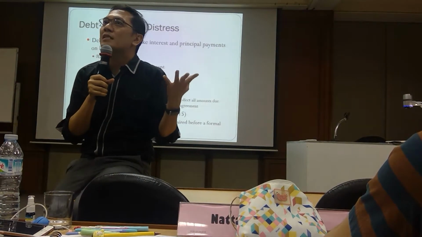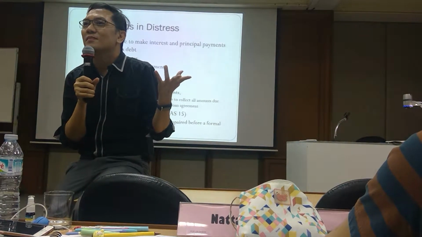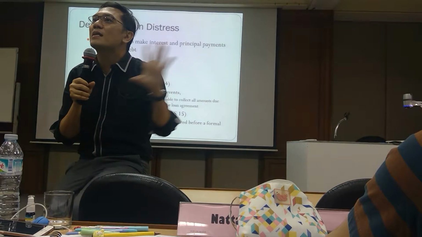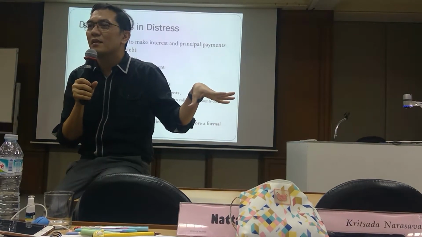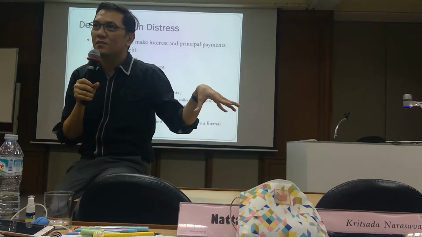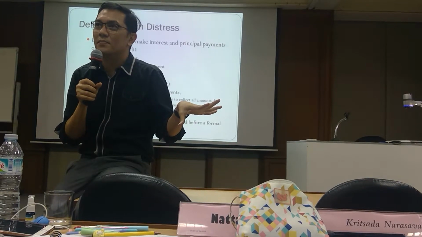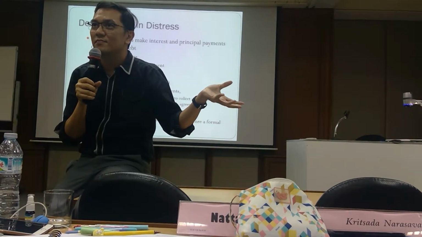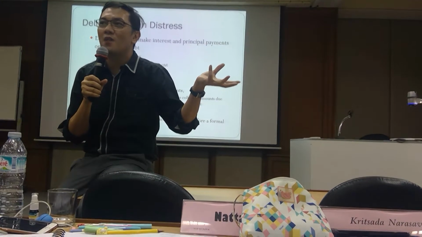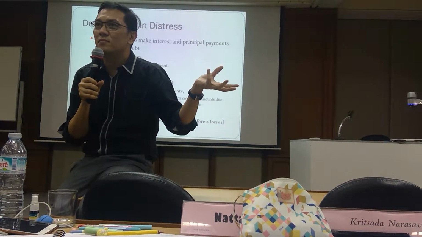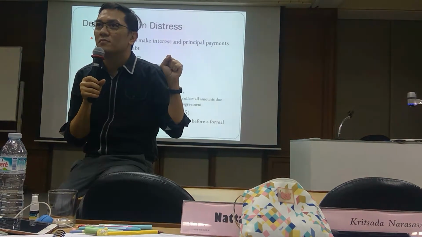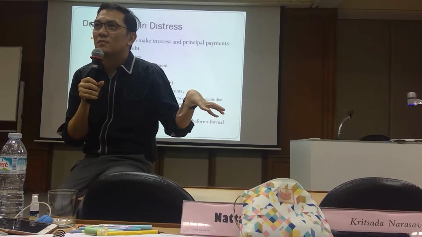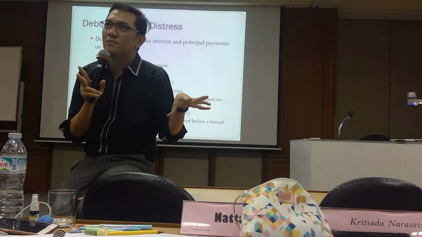Do you issue the bond at a discount or premium? Discount, right? Two years later, the coupon rate is still the same 5%, but the market rate has changed. It's not 6% anymore, it turned out to be 9%. What happened to the bond value? It drops. So the liability can drop as well if you mark to market.